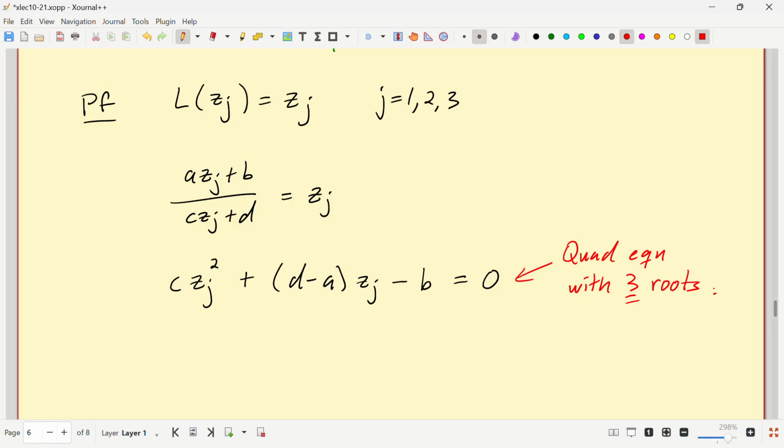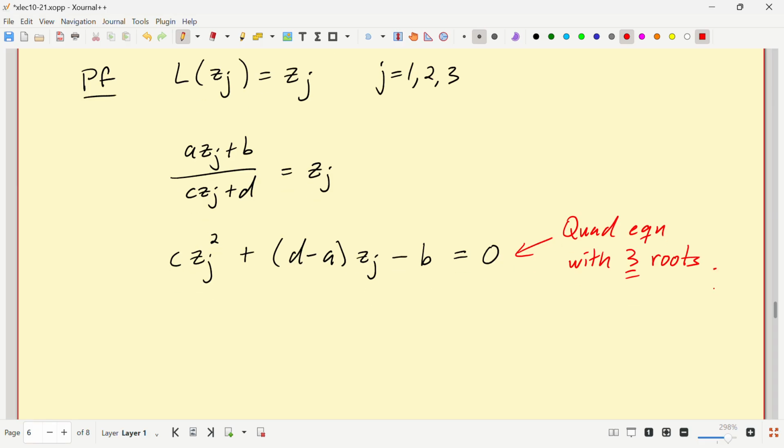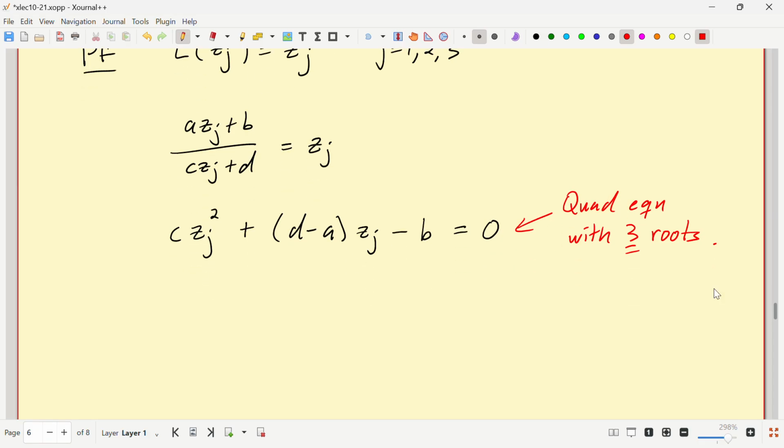How is that possible? Well, it must be that C is equal to 0, and D minus A would have to be equal to 0. And that would mean that B has to also be equal to 0. That's the only way you get a quadratic equation that has 3 distinct roots.